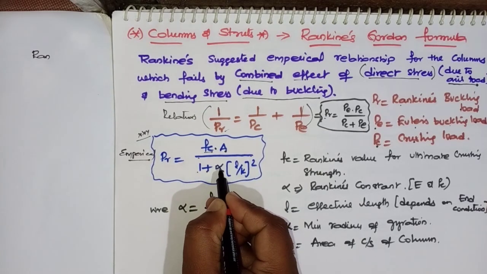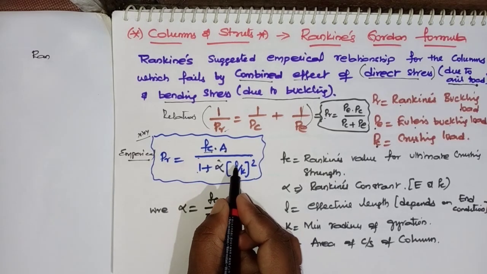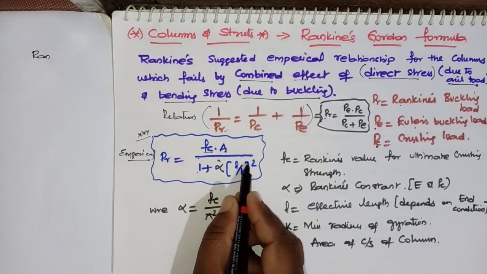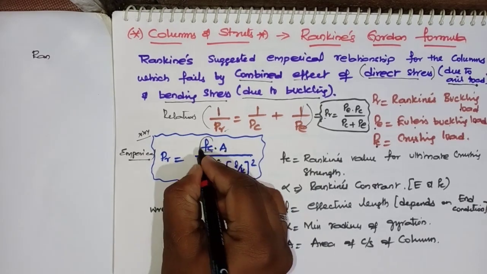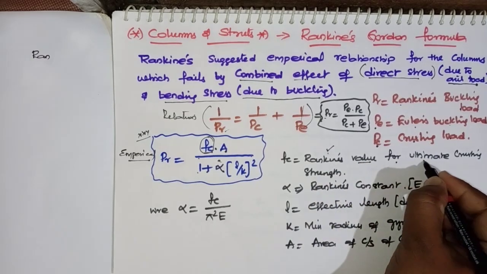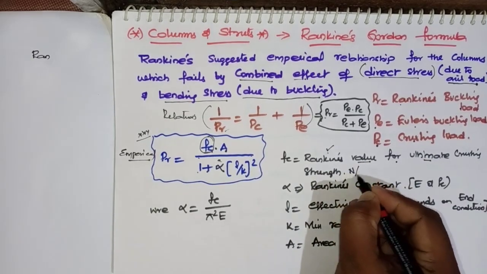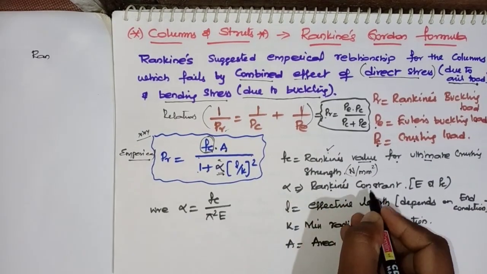in some textbooks it will be written as alpha into (effective length by K) whole squared, (L by K) whole squared. Then Fc is Rankine's value for ultimate crushing strength, in Newton per mm square, where alpha is Rankine's constant.